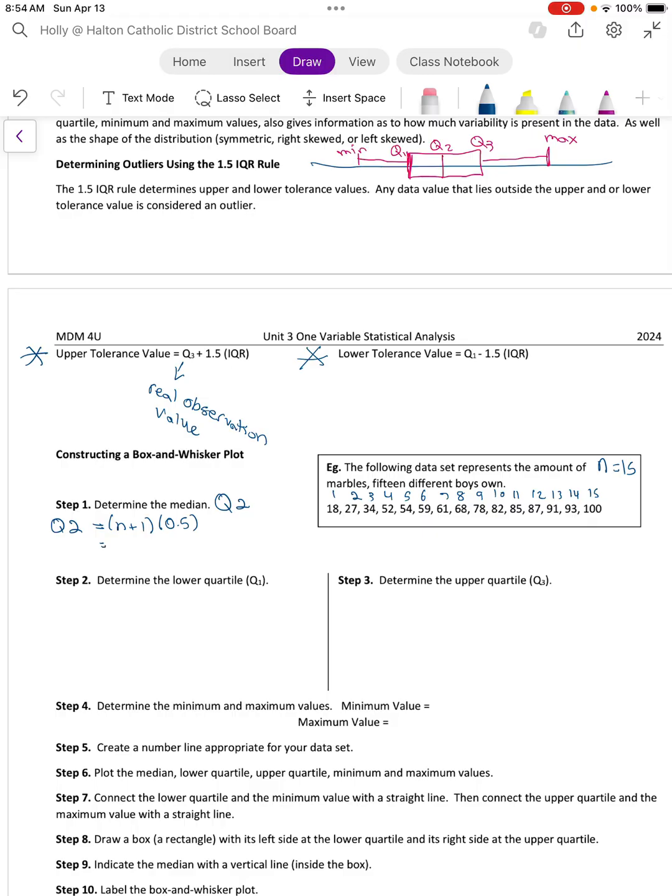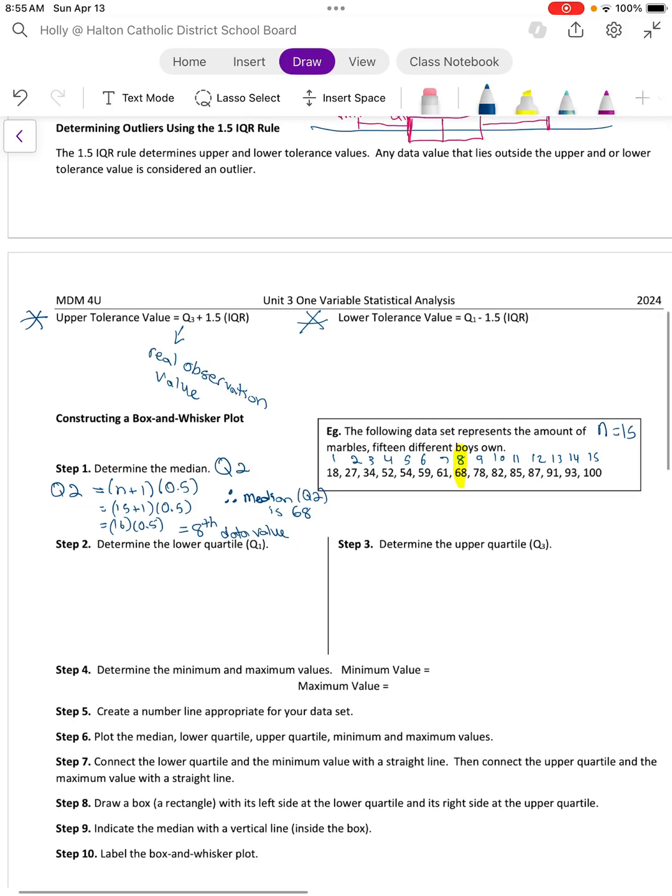So n plus 1 would be 15 plus 1 times 0.5. 15 plus 1 is 16 times 0.5. And therefore, this would be equal to the 8th data value. So if I look through, find my 8th data value, that would be my median here. So therefore, the median, which is also Q2, is 68.